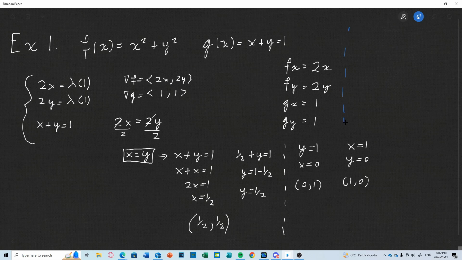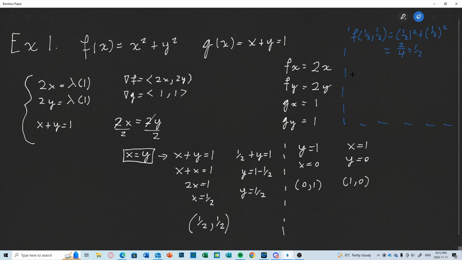So let's test f at 1/2 and 1/2, which gets us 1/2 squared plus 1/2 squared, which is 1/4 plus 1/4, giving us 2/4, which is 1/2.